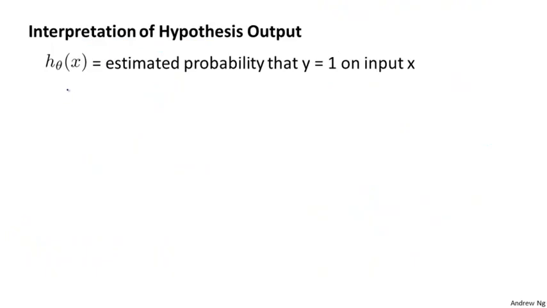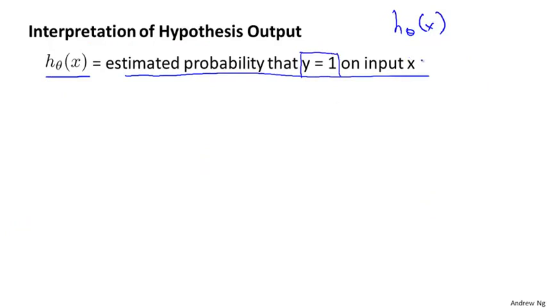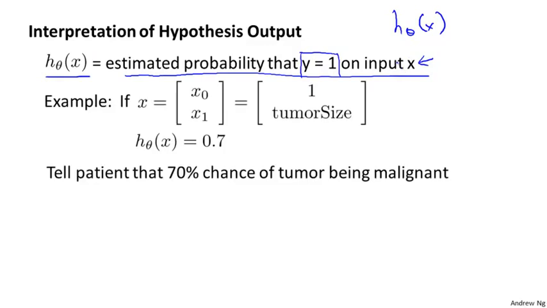Here's how I'm going to interpret the output of my hypothesis h of x. When my hypothesis outputs some number, I am going to treat that number as the estimated probability that y is equal to 1 on a new input example x. Here's an example.